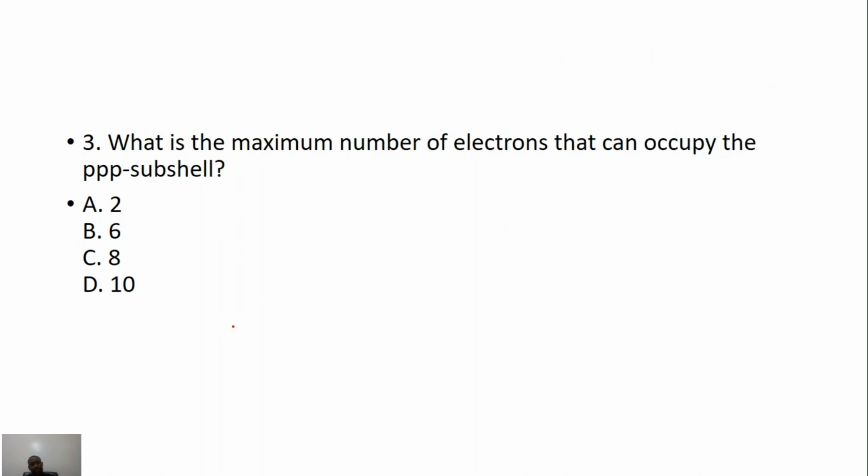Next question. What is the maximum number of electrons that can occupy the p subshell? Recall that the p subshell has L equals 1, and its ML will range from minus 1, 0 to 1, which corresponds to 3 orbitals.